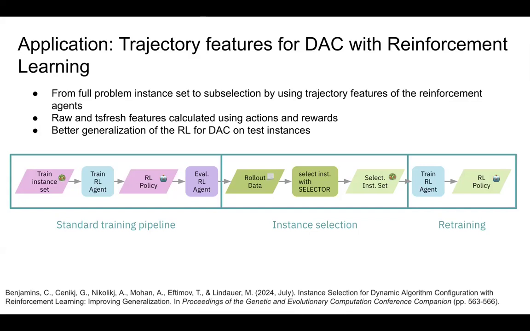And then the idea is, can we select which instances we need to use for reinforcement learning in order to have better generalization? First we have some timestamp, we evaluate the agents based on those trajectories represented by time series data. We select a subset, and then we showed that if we retrain the policy here, we get much better results on the held-out test data set instead of training on all instances. So the same concepts can be applied there.